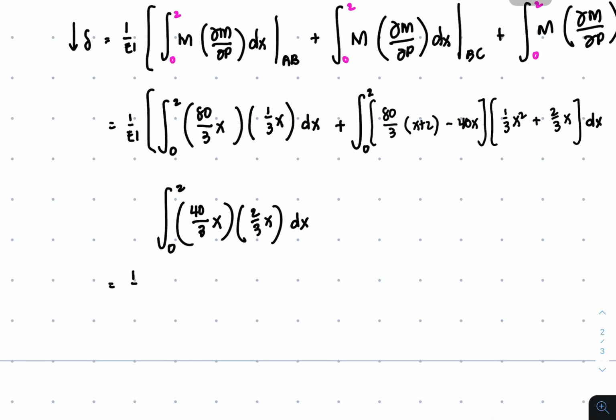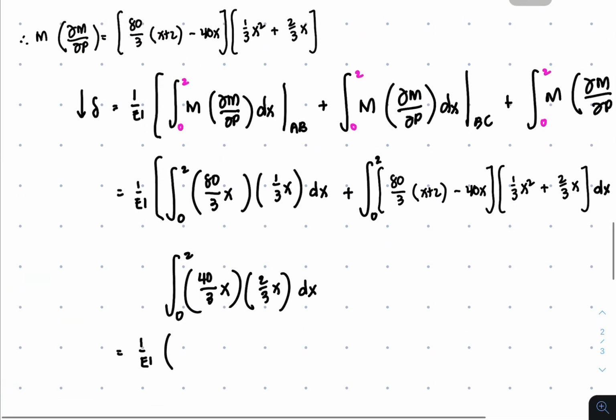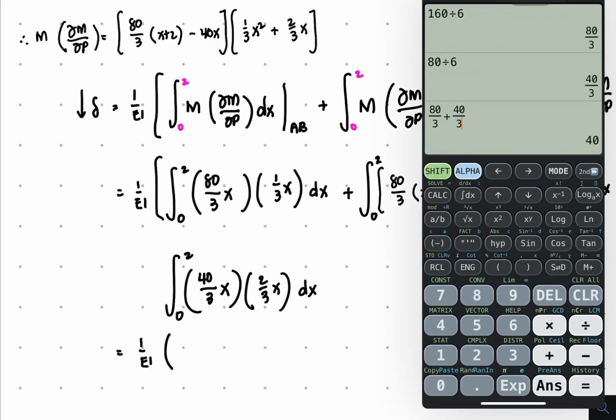Okay, so we have 1 over EI times, let's first proceed with this one. So it's going to be the integral of 80 over 3 x times x over 3 from 0 to 2.